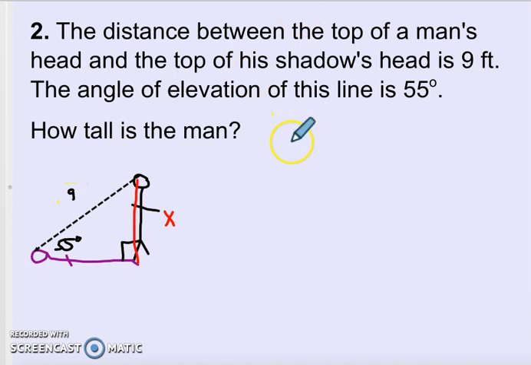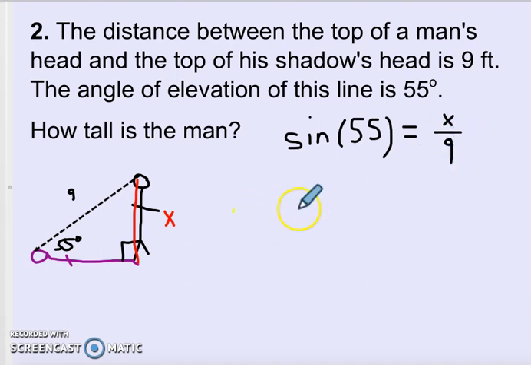But I'm going to use sine again. This time I have sine of 55 degrees equals opposite over hypotenuse. And to solve for x, I will just have to times both sides by 9.